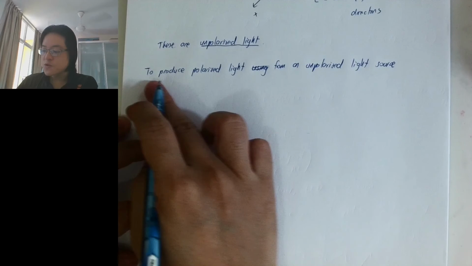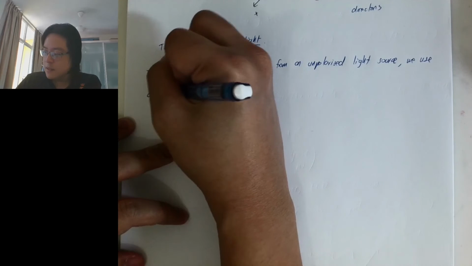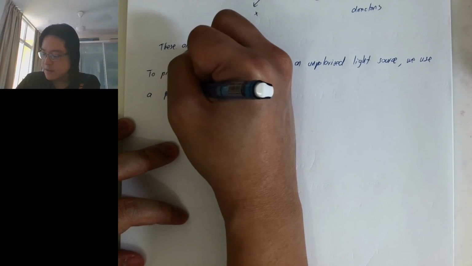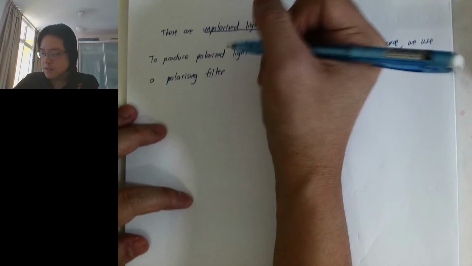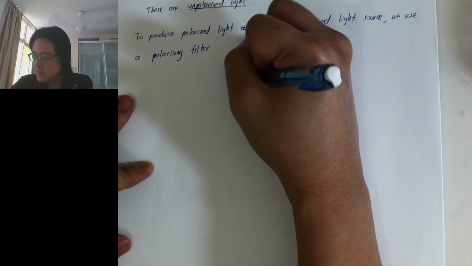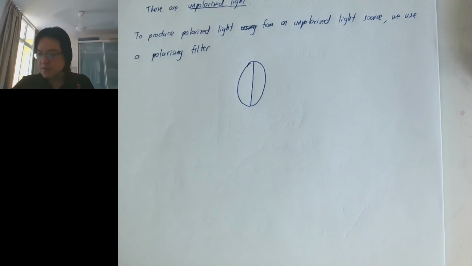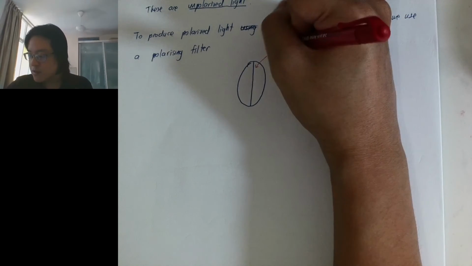To produce this, we use a polarizing filter. A polarizing filter is just a device that has some direction. So let's say my direction is here. This is a device that has some fixed direction. So this is my direction of the filter.